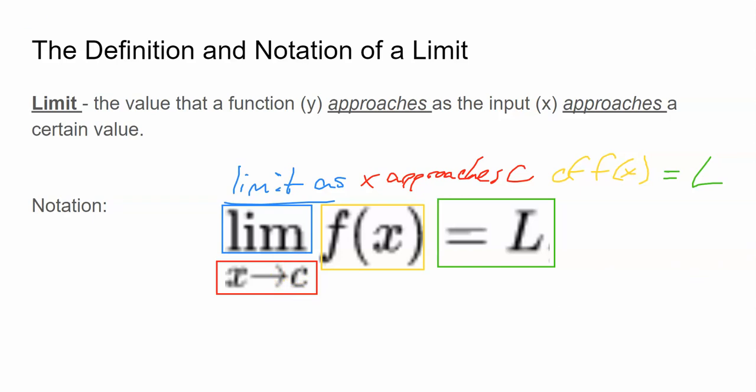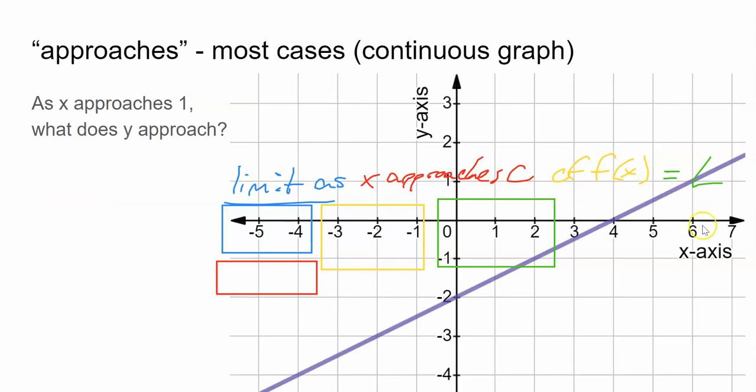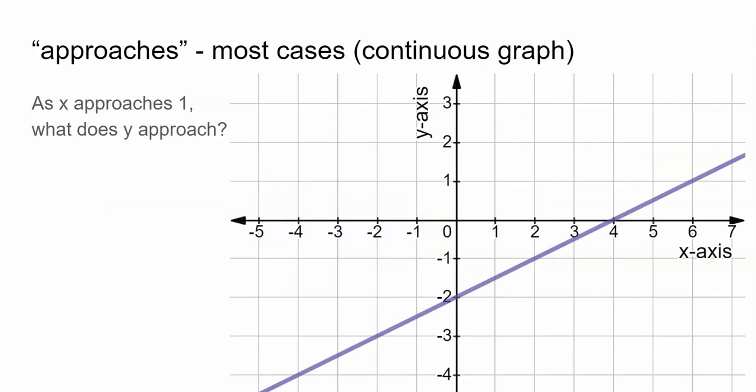Let's get into some examples of some graphs and take a look at some limits and defining those limits. Here's our first example, and this is probably going to happen in most cases, when we're looking at graphs that are continuous. This is the kind of graph we're most comfortable with. There is no hole. It's just a nice, complete line the whole way through. So here's our question.